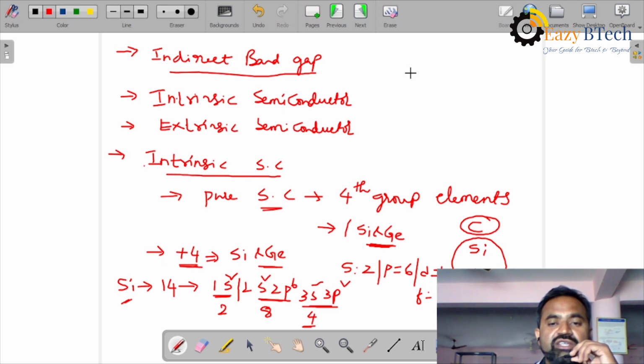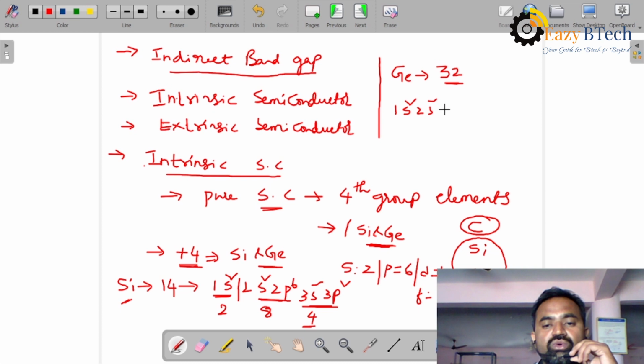Similarly, if you take germanium, the atomic number is 32. It has 1s2, 2s2, 2p6, 3s2, 3p6, 3d10, 4s2, 4p2.